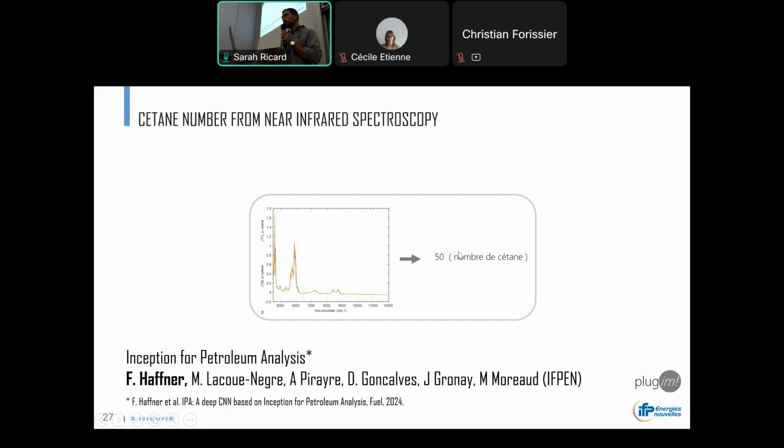This cetane number is a property that is very useful to characterize the quality of some treatment in the process from crude oil to gas oil or something like that that can be used in your vehicle. It's something classically done using a chemometrics approach, a statistical approach. In his work, you can see the reference at the bottom.